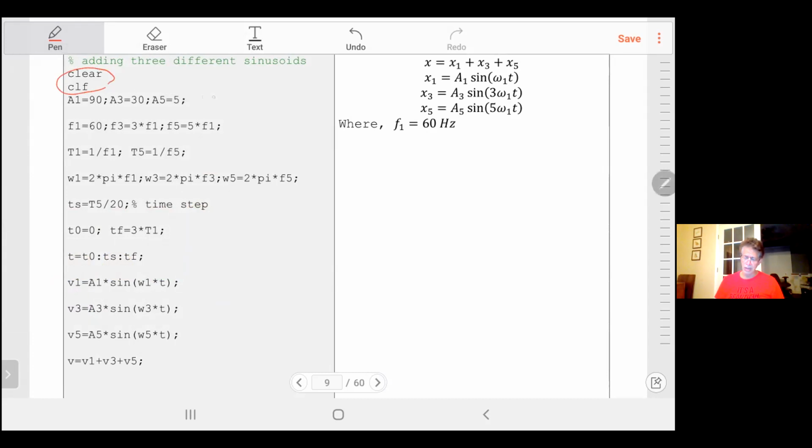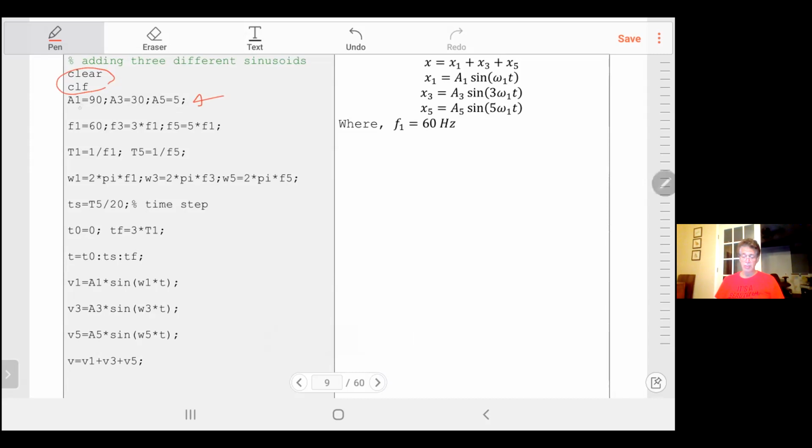The first line here, I put A1 and A3 and A5. These are the amplitudes of the sinusoidal waves for x1, x3 and x5. So A1 is 90, A3 is 30, and A5 is 5. All harmonics have frequencies that are multiples of the fundamental frequency, but the amplitude is always less than the amplitude of the fundamental component.